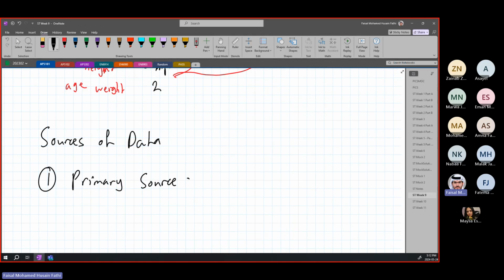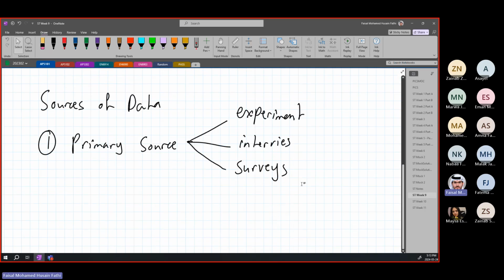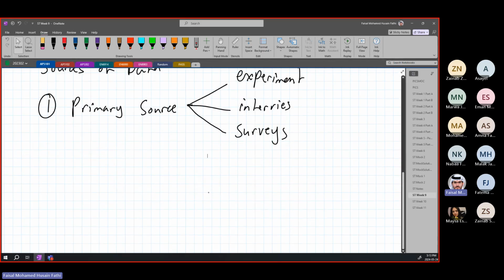For example, you're going out and doing experiments to find out the actual numbers, or you're conducting interviews. You, the person analyzing the data, are collecting this data directly from the population or the sample, or giving out surveys, interviews, phone calls, or just visually looking at the data. This is called a primary source of data if you're gathering it yourself.